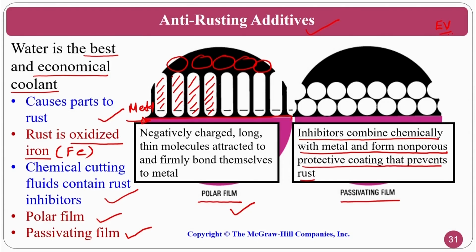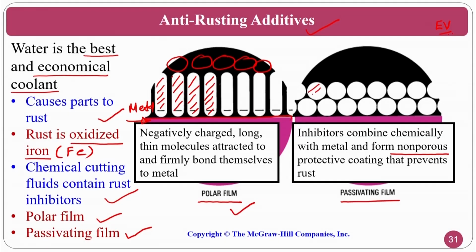The most important thing to observe is non-porous. That means a purely solid type of layer is forming. You can see these are the reacted ones which form on the surface. The pink one again is the surface, and on top of it, it is forming.